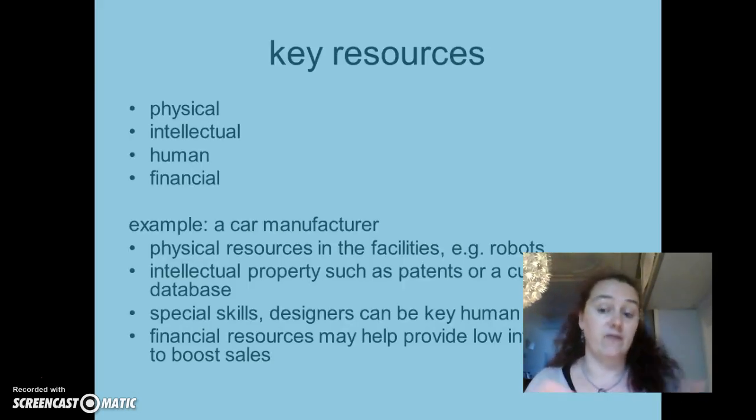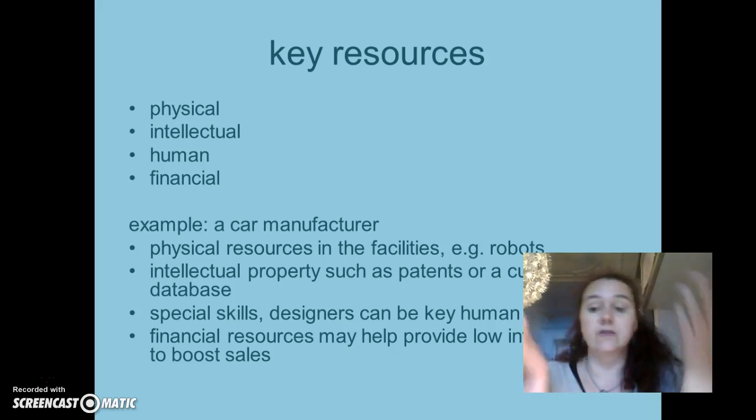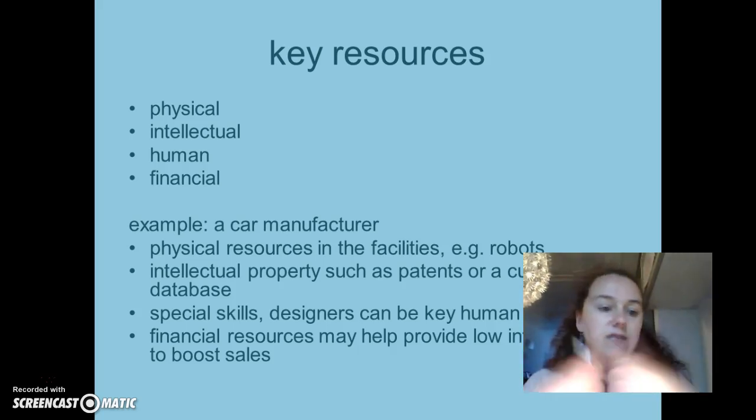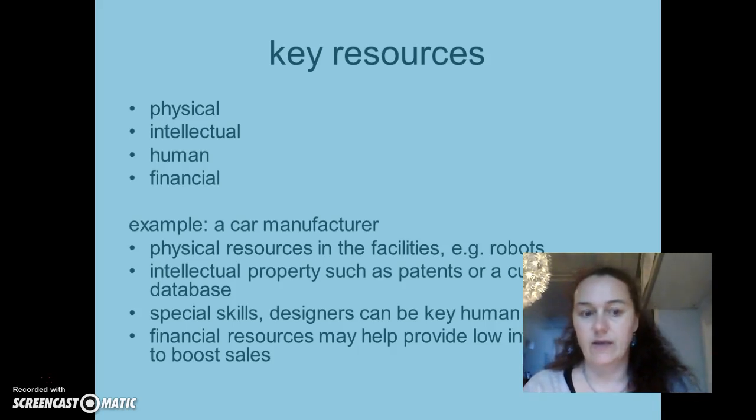Again, there are different categories of key resources. Of course, the most straightforward one that you can easily think about is the human key resources. You need people to run your company, to do your designing, to prepare your food, whatever.